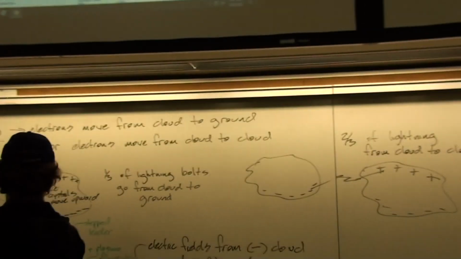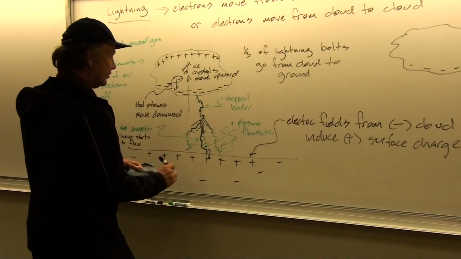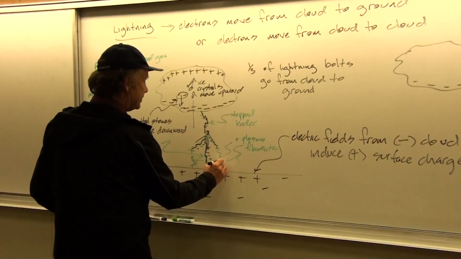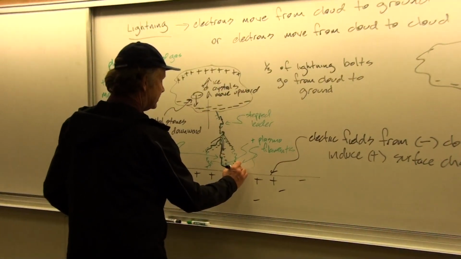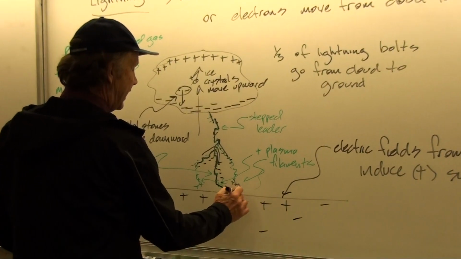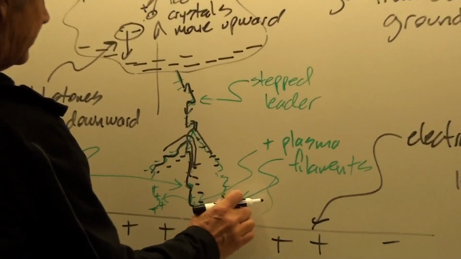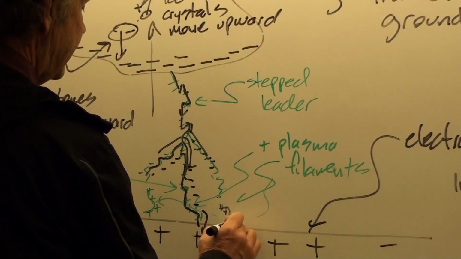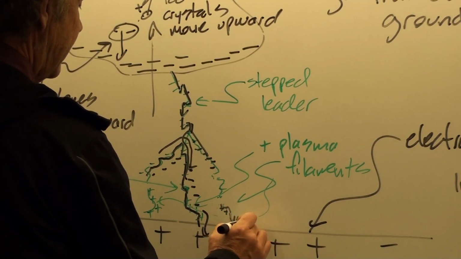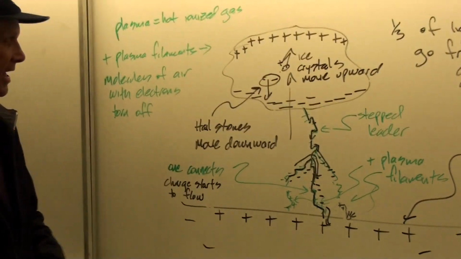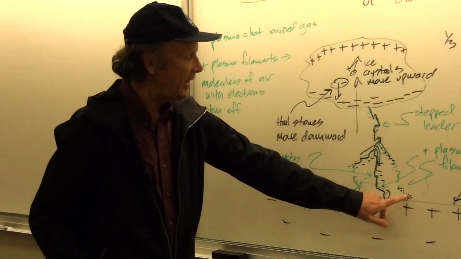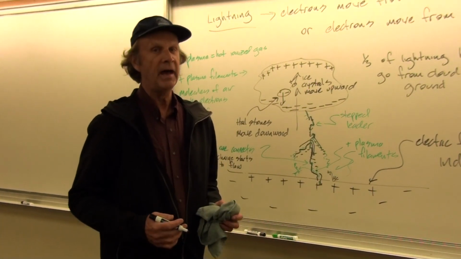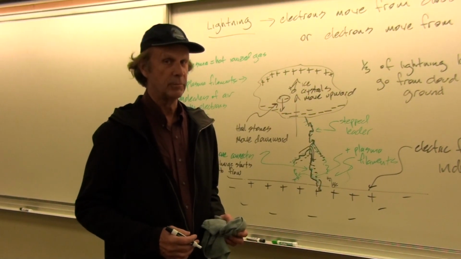Okay, and so if you're walking along the ground here, and let's say one of these plasma filaments is nearby to you and is trying to reach up toward the stepped leader but isn't quite there, then what you may experience is your hair standing straight out. And so if your hair stands straight out, this is an early warning signal that you may be a path for the next lightning bolt.